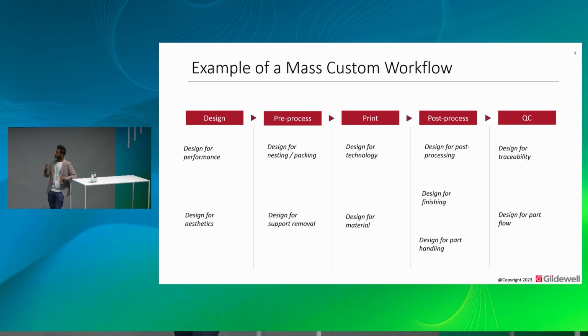So really, depending on the part being printed, there's a few different design aspects that can help improve the printing process, the post-processing, and a lot of the QC steps that I think aren't really part of the conversation for design for additive manufacturing.